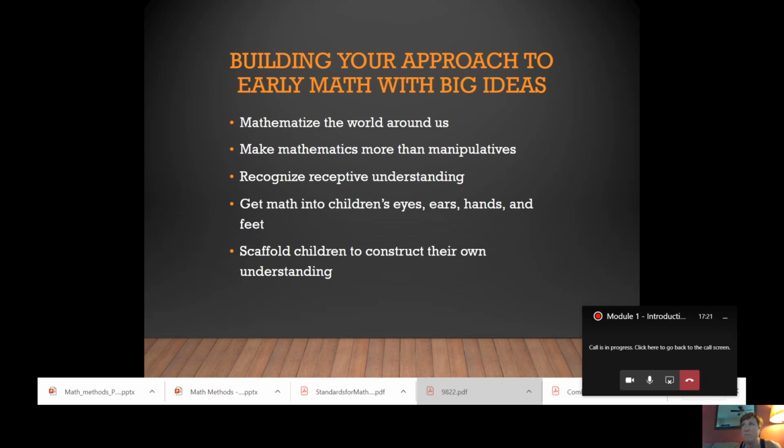Recognize that some children might not be able to express their understanding, but that doesn't mean they don't have a receptive understanding, that they're actually able to understand. They just may not have been able to express their understanding yet. Get math in children's eyes, ears, hands, and feet any chance you can. And scaffold children to construct their own understanding.